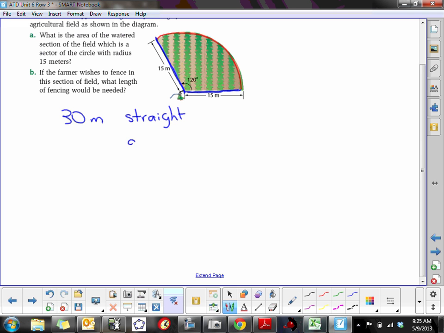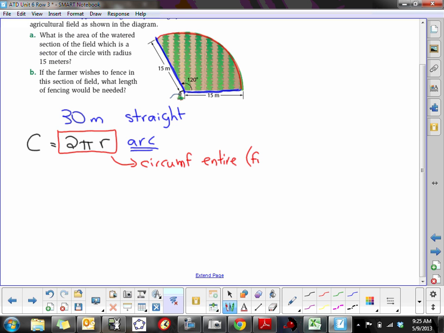Now I want to figure out how much fence we need for the arc section. In order to find the outside edge of a circle, that relates back to the concept of circumference. So circumference is 2 times pi times radius. This is a typical circumference formula that we use. On this problem, what we need to know is that this formula finds the circumference of the entire or full circle.